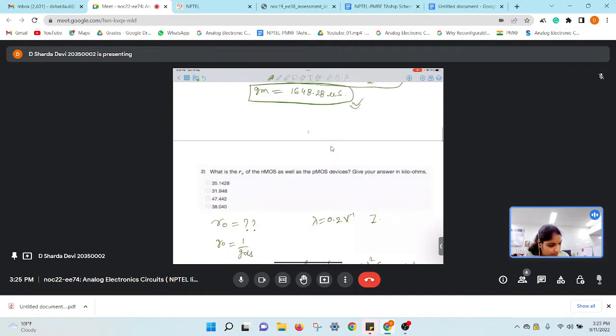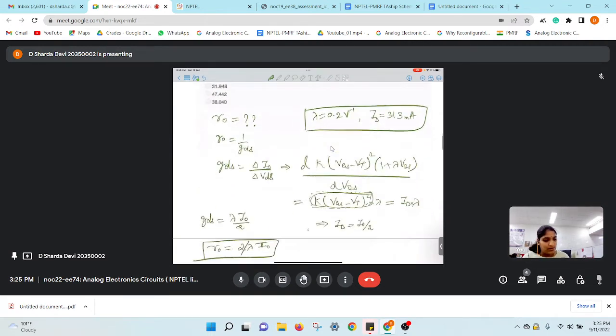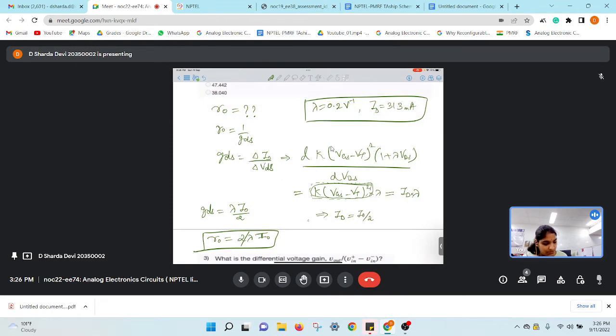Yeah, 313 milliamps. The moment we substitute, we'll get R naught to be 31.948 kiloohms. This is what we'll get.